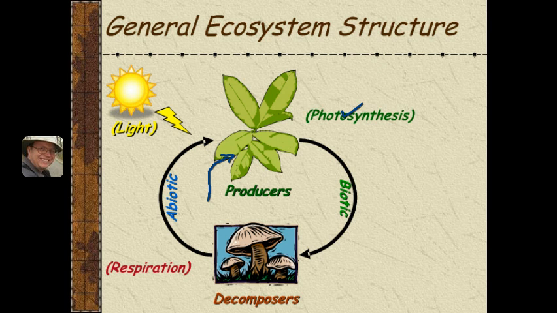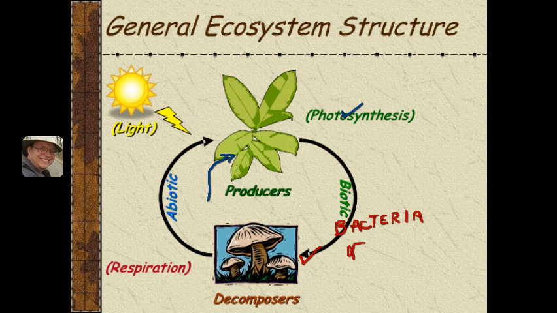Well, putting it back is the role of a group of organisms called the decomposers. And the decomposers consist primarily of, remember these guys, bacteria, members of the kingdom Monera. We have bacteria, and we also have fungi.